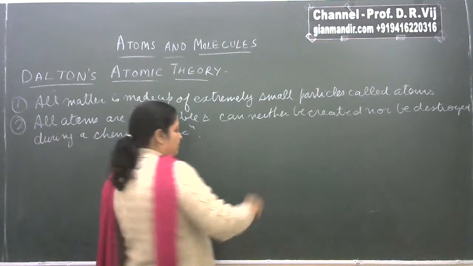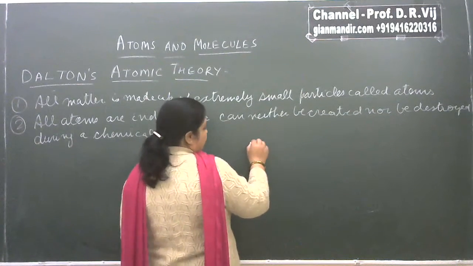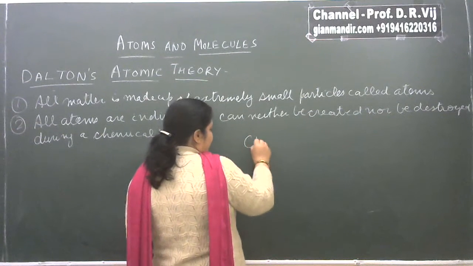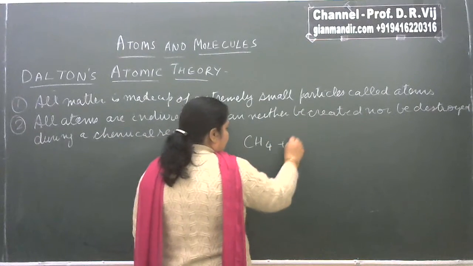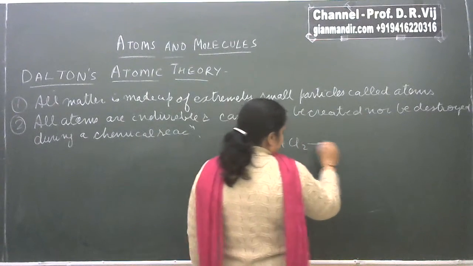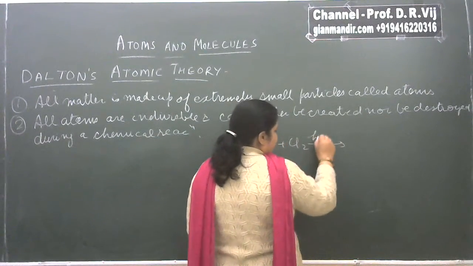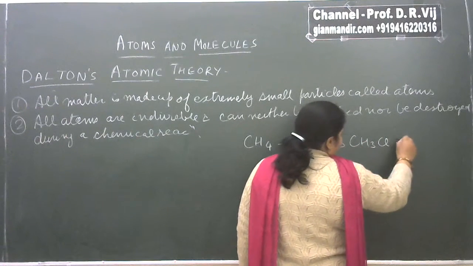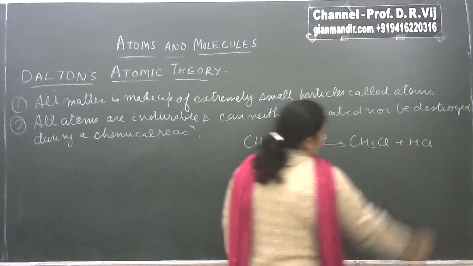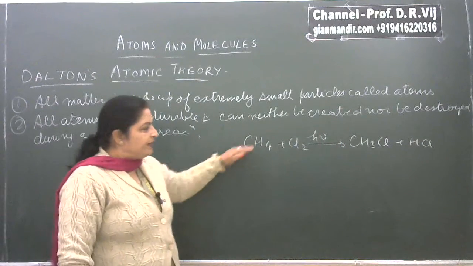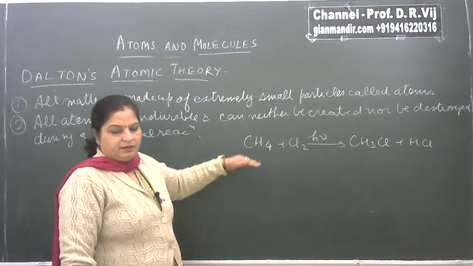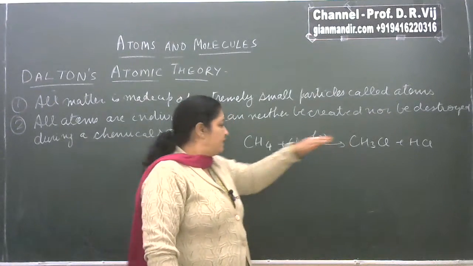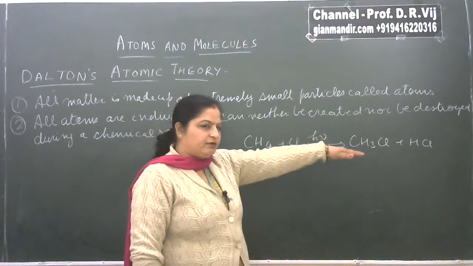For example, you can take any reaction. We take the reaction of methane with chlorine, which occurs in the presence of sunlight, and the products here are chloromethane and hydrogen chloride gas. You see that each and every atom during the reaction is conserved. If there is one carbon here, there is also one carbon. If 4 hydrogen, there are also 4 hydrogen.